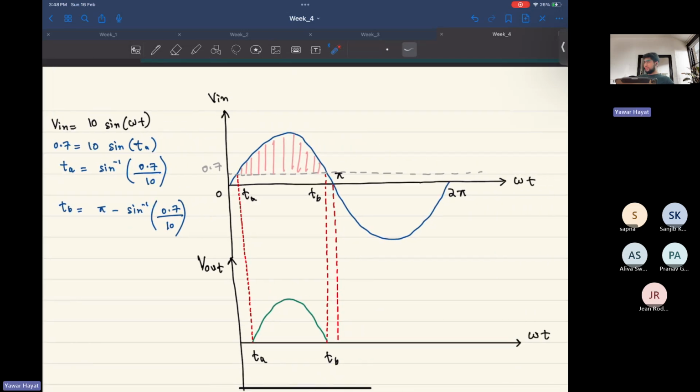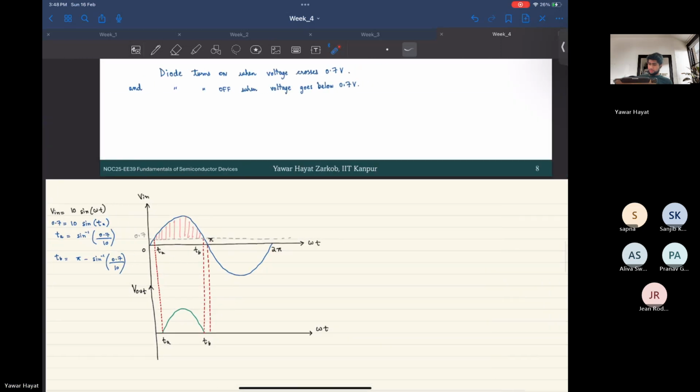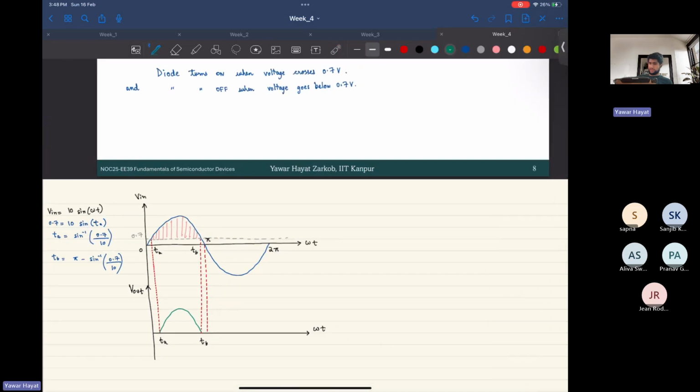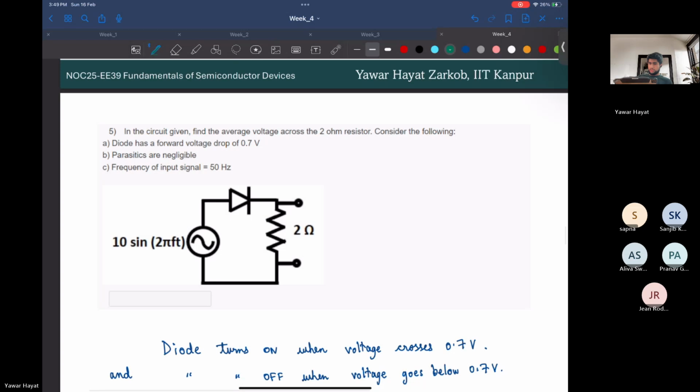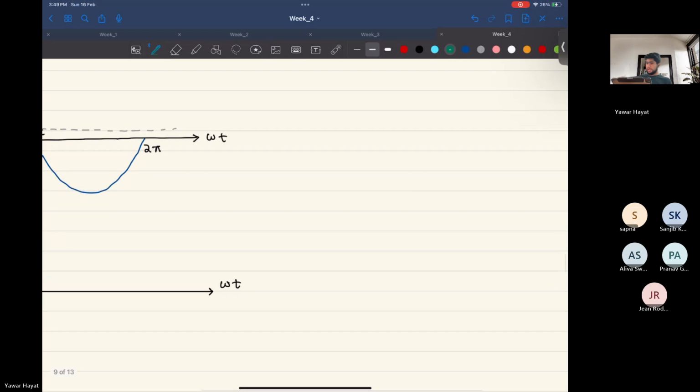So now what about the average value of V out? Because that is of interest, right? We have to compute this average value, and we'll proceed as follows.